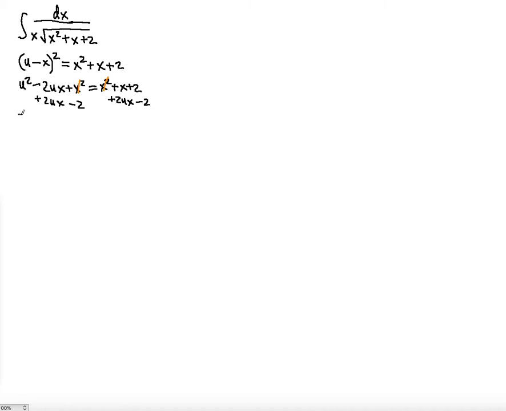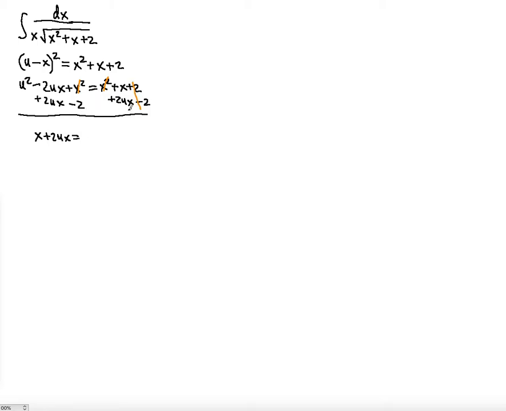So I'm going to just switch the sides. We get x plus 2ux, the minus 2 is gone.